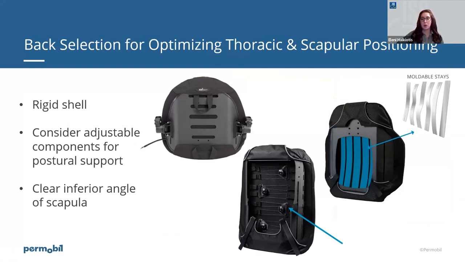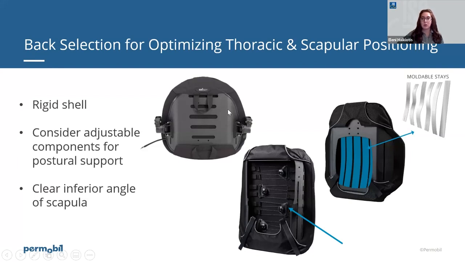Consider adjustable components that are offered with some back supports that have a rigid shell, because the adjustability in, say, reels and aluminum stays can really help to sometimes fill in the lumbar spine area, which in turn can help to reduce the extent of the hyperkyphosis in the thoracic spine and give the support where it's needed based on different sort of postural asymmetries.